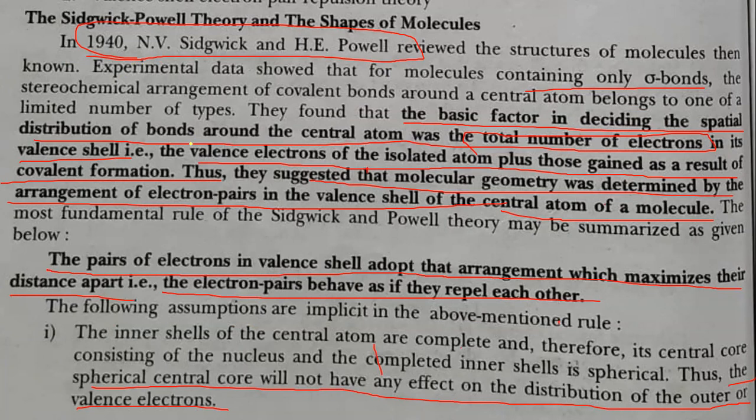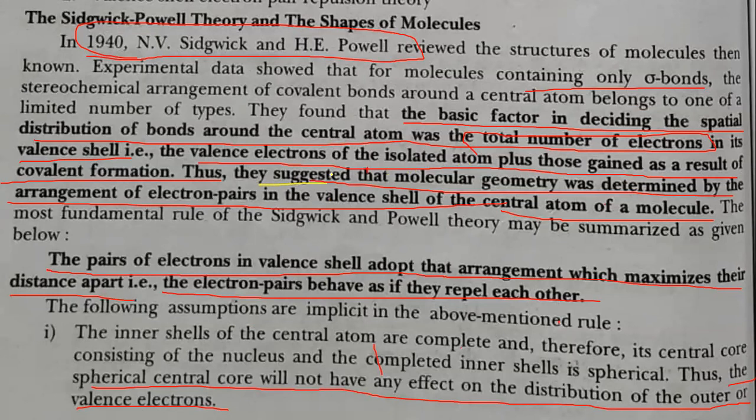They explained that the basic factor in deciding the spatial distribution, that is, in three-dimensional space, of bonds around the central atom was the total number of electrons in its valence shell, and the electrons gained by that atom from the other atoms with which it forms covalent bonds. म्हणजे CH4 मॉलिक्यूल मध्ये कार्बनचे व्हॅलेन्स शेल इलेक्ट्रॉन किती आहेत आणि त्याने हायड्रोजन कडून किती इलेक्ट्रॉन घेतलेले आहेत, that is going to decide the structure of CH4 molecule.